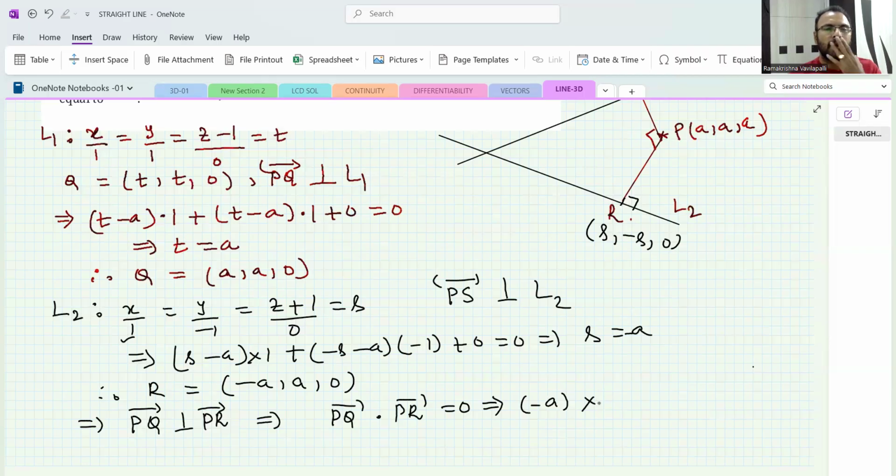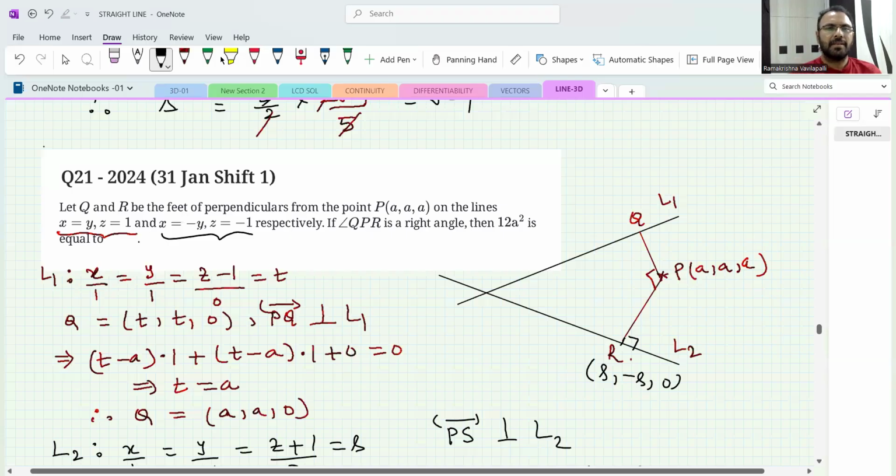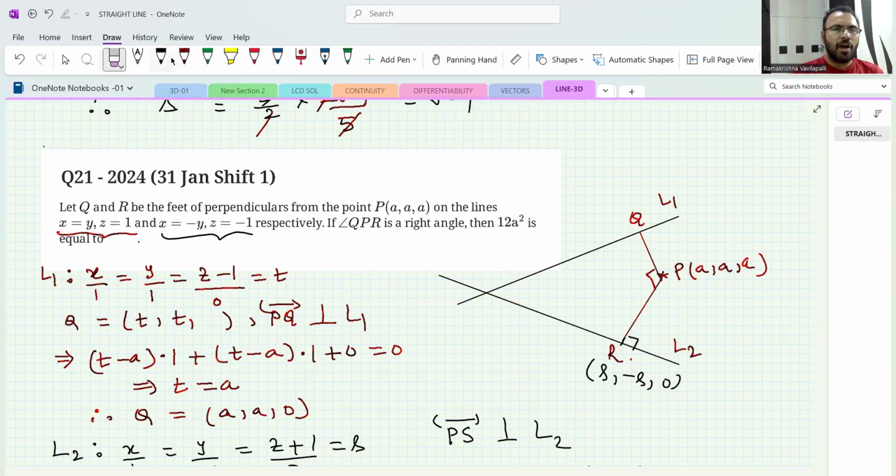One minute. Excuse me, here I made a very big mistake. The general point on the line is x equal to t, y equal to t, and z is equal to 1. I forgot.